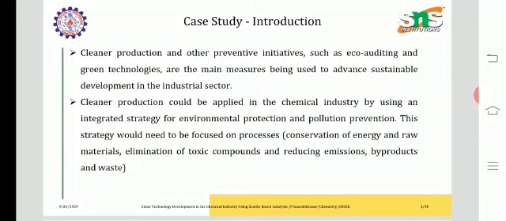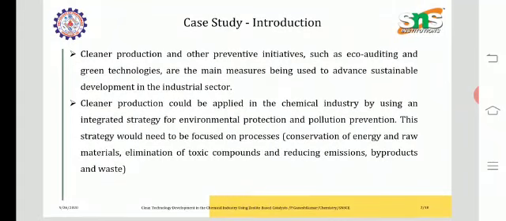Cleaner production could be applied in the chemical industries by using an integrative strategy for environmental protection and pollution prevention. This strategy would need to be focused on processes. The process is particularly the conversion of energy and raw materials, elimination of toxic compounds, and reducing emissions, by-products and wastes.